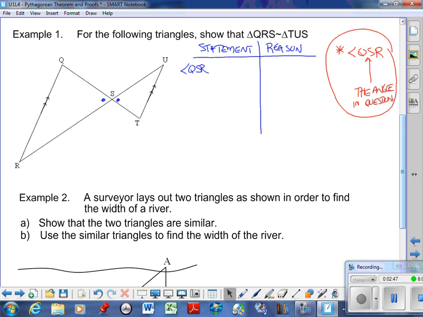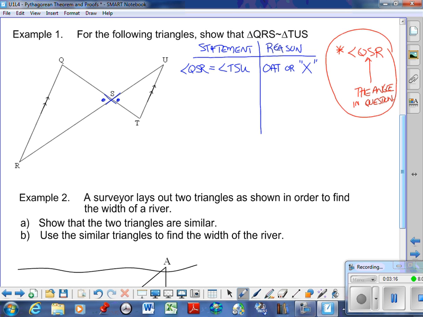So angle QSR is equal to angle TSU. And how do I know that? What's my reasoning? Well, you can either say OAT for opposite angle theorem, or I'm quite happy if you can tell me it's the X pattern, as long as you can provide some evidence as to why that's true. So we have the X pattern. There we are. So that's one angle.